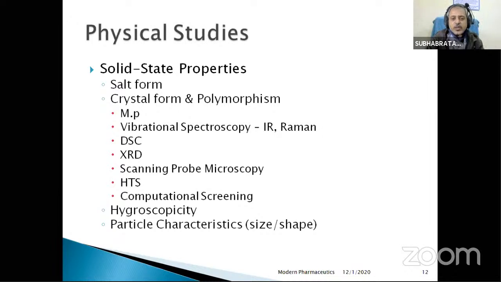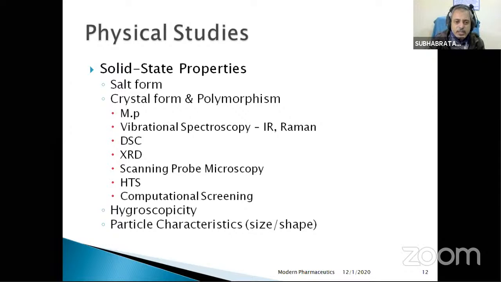However, because most of the drugs are solid, except a few, we need to go for solid state characterization in any case, whether the drug will ultimately be given as a tablet, an elixir, a solution, a suspension or an aerosol, because most of the APIs available are primarily in solid state. The raw material is solid state, so we need to go for solid state properties.